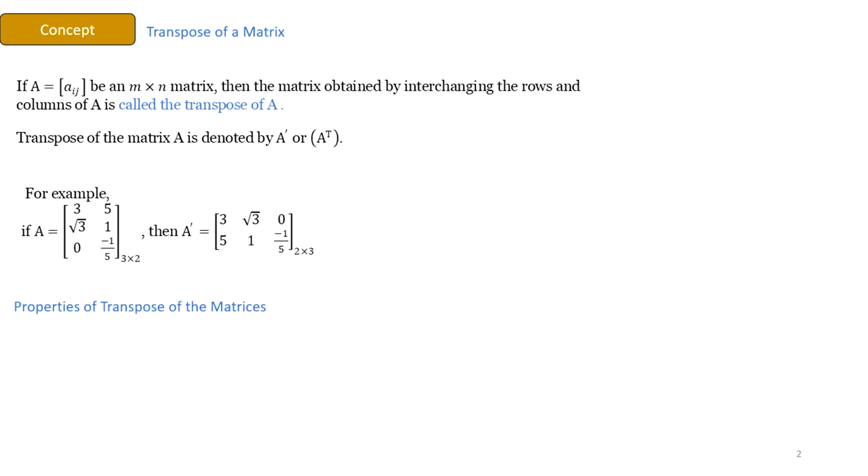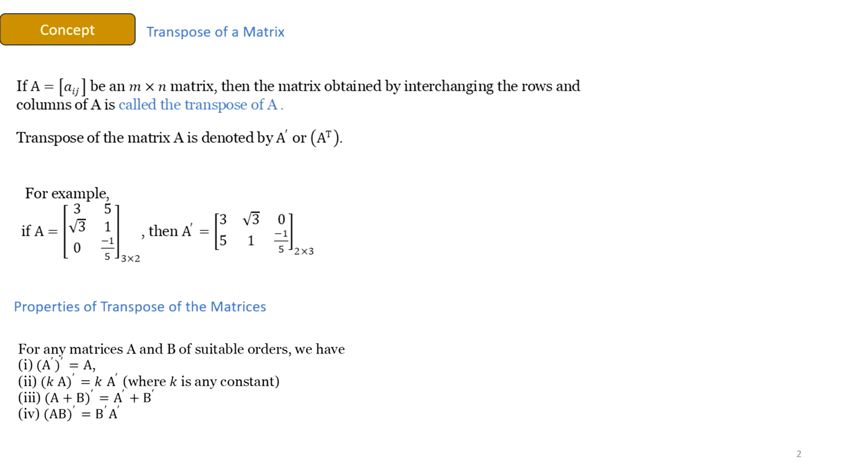Properties of transpose of matrices. Transpose of A transpose is equal to matrix A. K A transpose is equal to K times A transpose, for any scalar K. A plus B whole transpose is equal to A transpose plus B transpose.